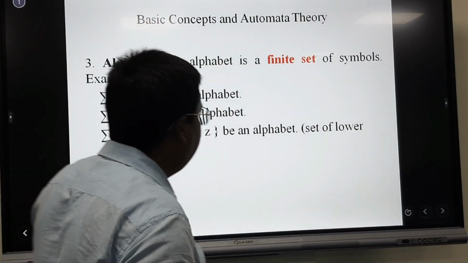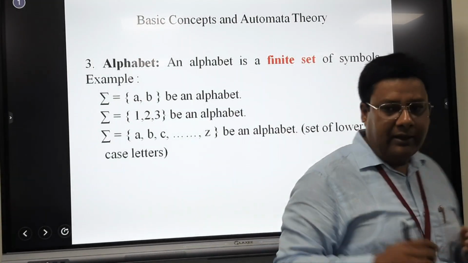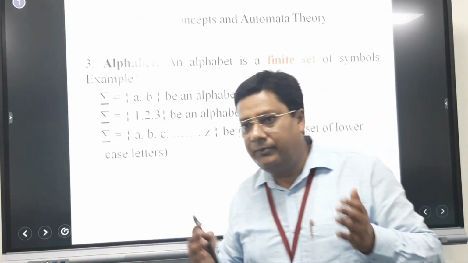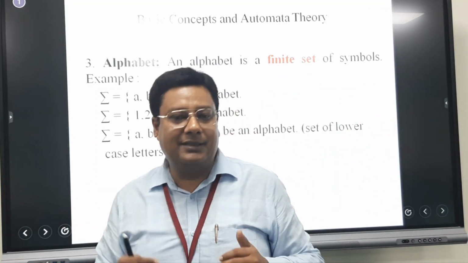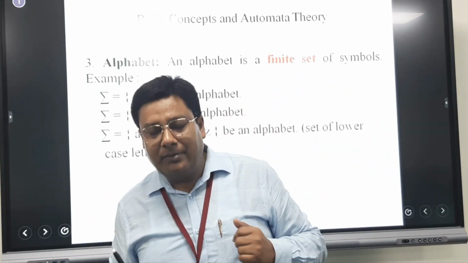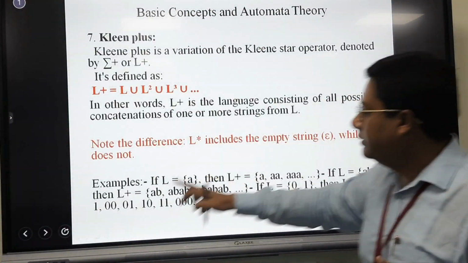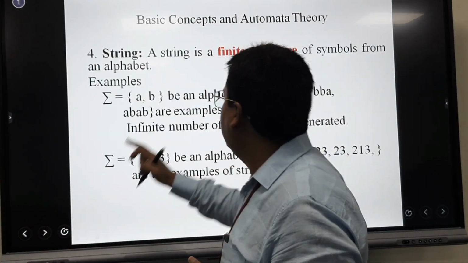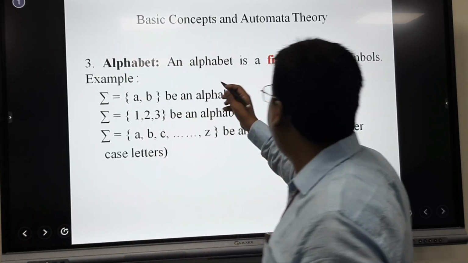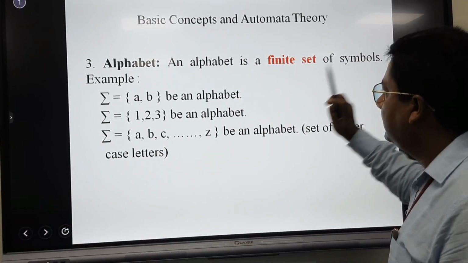Next is alphabet. Everybody knows about the alphabet. In English characters we have 26 small letters. But here an alphabet is a finite set of symbols.